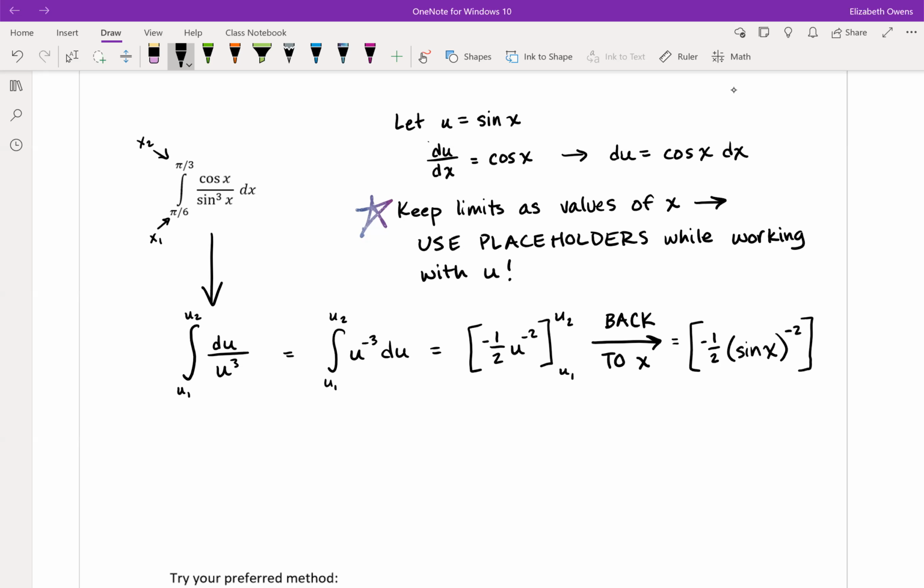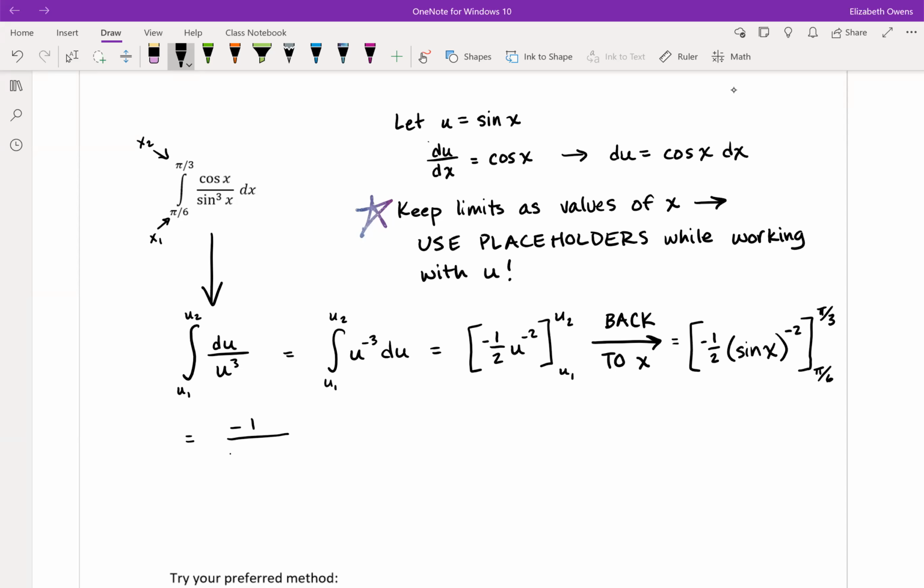Now you can put those x limits back on here. So we can say now pi over 6 and pi over 3, because now all the variables match again. X, X, X. There we go. So the overall idea is you just don't want to mix your variables, because that can really lead to some sticky and confusing situations.